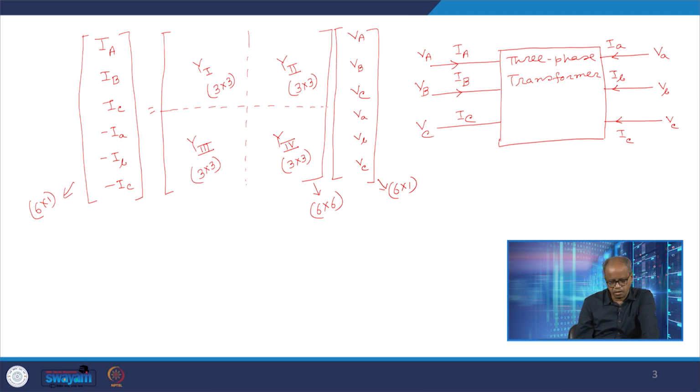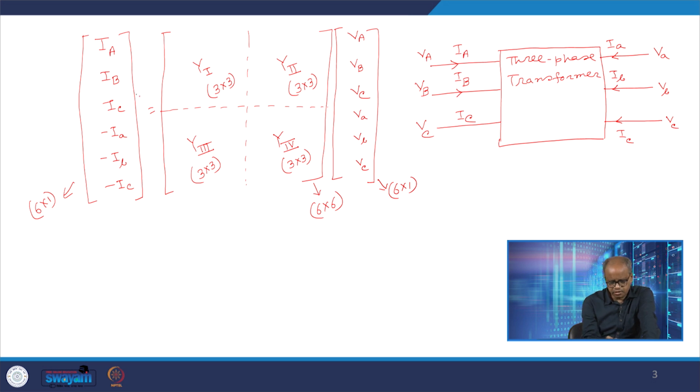So, our task is essentially to determine these 4 3 cross 3 matrices Y1, Y2, Y3, Y4. There is a certain definite process to determine these 4 matrices for the most commonly used transformer connections. We will see how to go about this with some concrete examples. Very shortly, we will start one of the examples today itself.